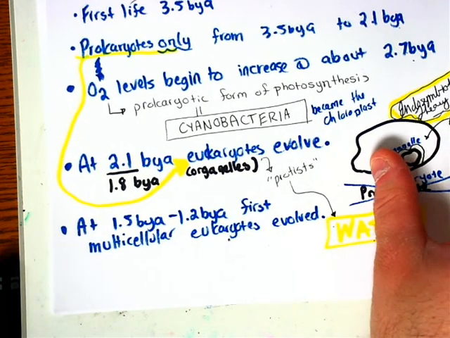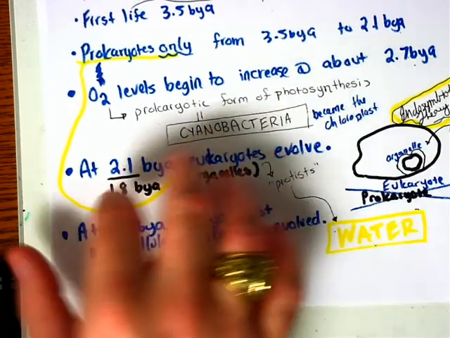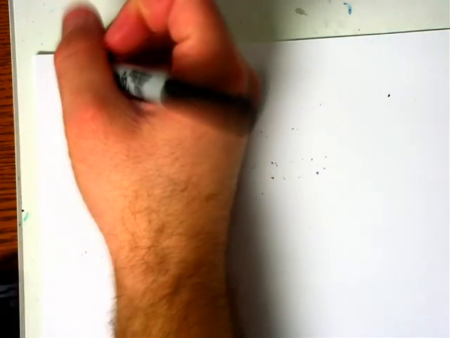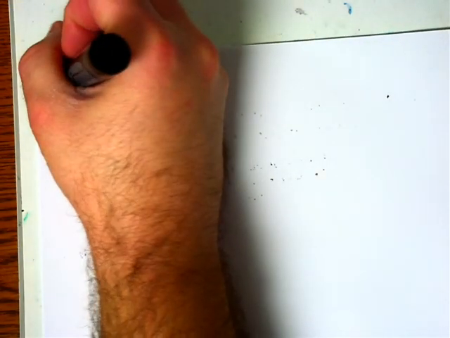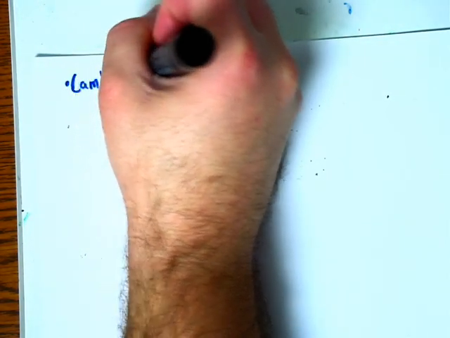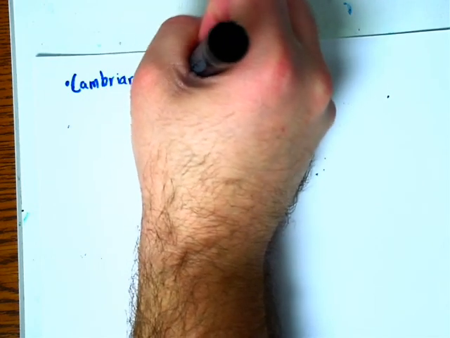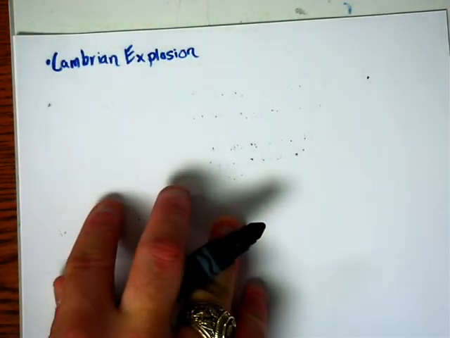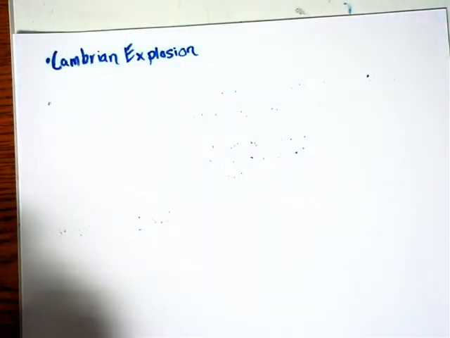And it took about 1 billion years for these eukaryotes, from the first eukaryotes, to evolve into something quite specialized, having an ability to conquer the land. There was a period of time called the Cambrian explosion that I think we want to know. One of the few periods of time that I think we need to know. Explosion would be in a sense of an explosion of biological species, but not an earthly explosion.